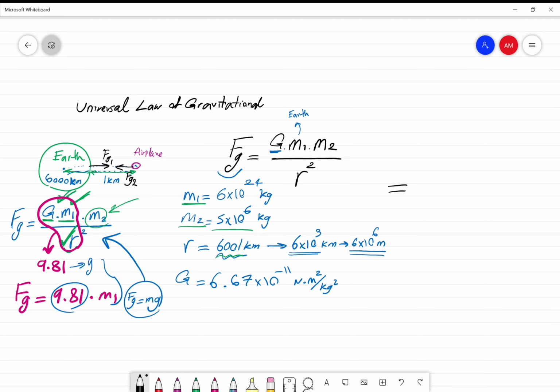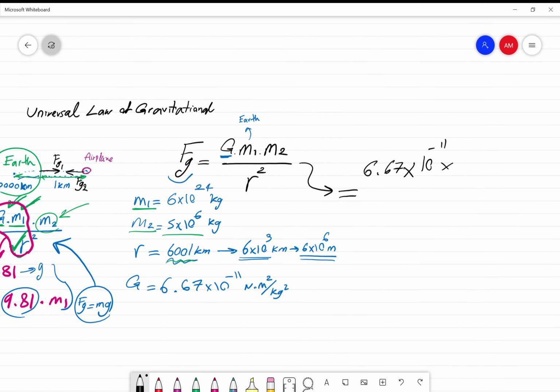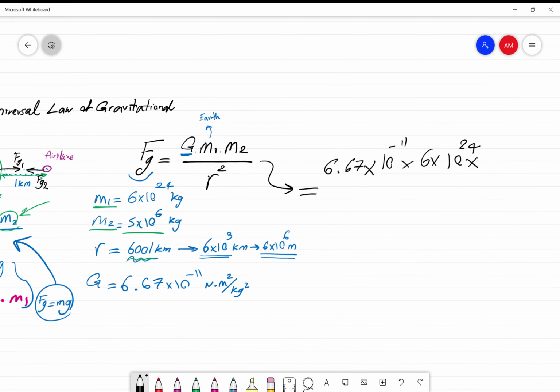But now going back to our equation, our question: we want to calculate the force of gravity between the airplane and Earth. So G is 6.67 times 10 to the power of negative 11, following our gravitational equation. m1 is equal to 6 times 10 to the power of 24, and m2 is equal to 5 times 10 to the power of 6.